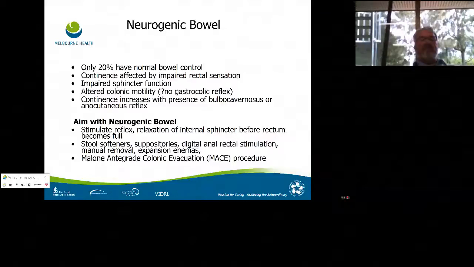It certainly makes some sense there. There can be certainly some ease of evacuation of the bowel, but again, it's a relatively recent procedure, and we don't know about the long-term effects.